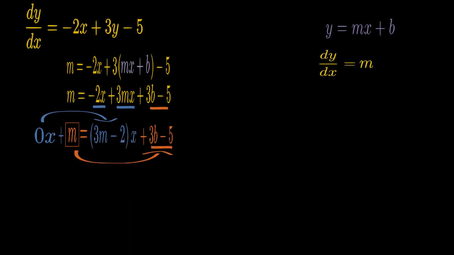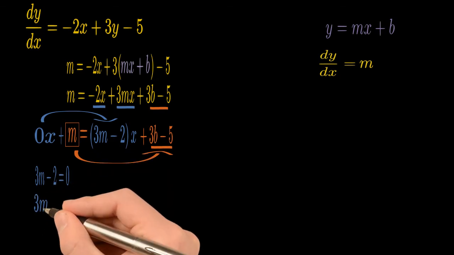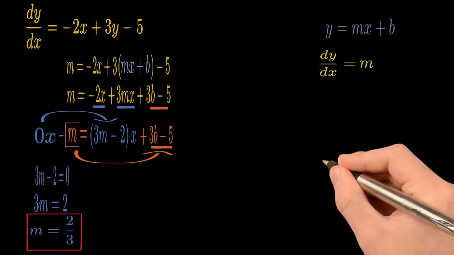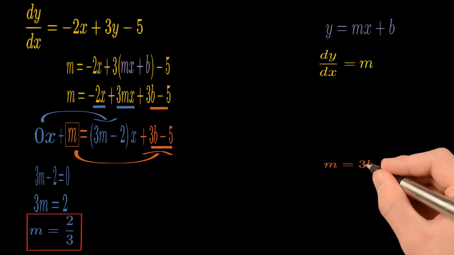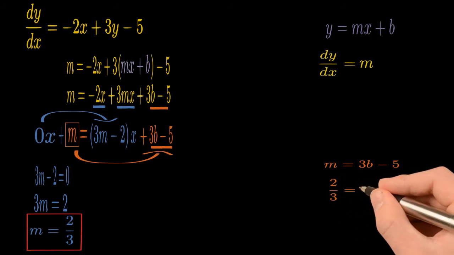So let's use that information to solve for m and b. So we could use this first one. So 3m minus 2 must be equal to 0, or 3m is equal to 2, or m is equal to 2/3. So we figured out what m is. And then we could use that information because we know that m is equal to 3b minus 5. M is 2/3, so we get 2/3 is equal to 3b minus 5.